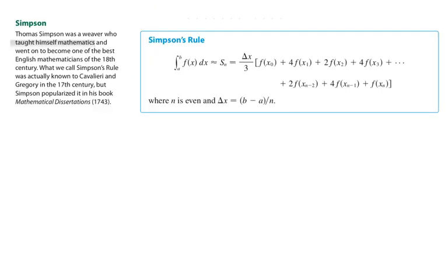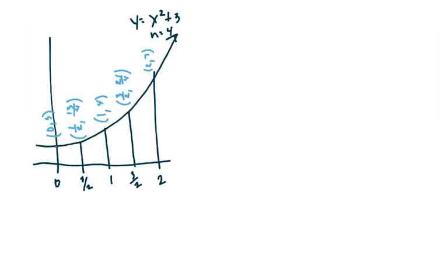So remember our Simpson's rule says delta x over 3. That's the same thing as 1/3 delta x. So we're going to say area equals 1/3. And our change in x is still a half, because delta x is still a half down here.